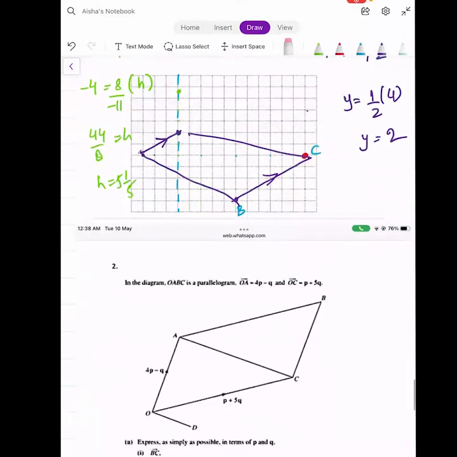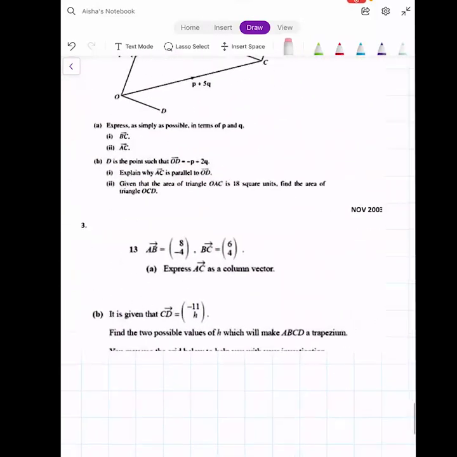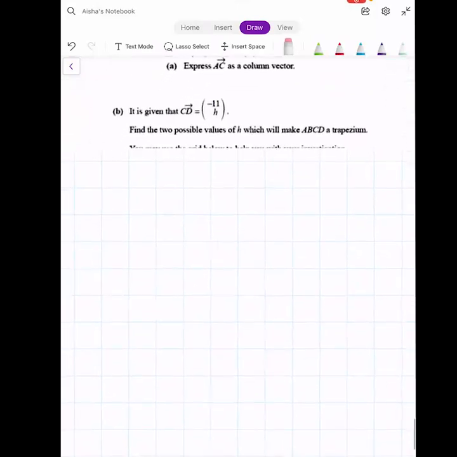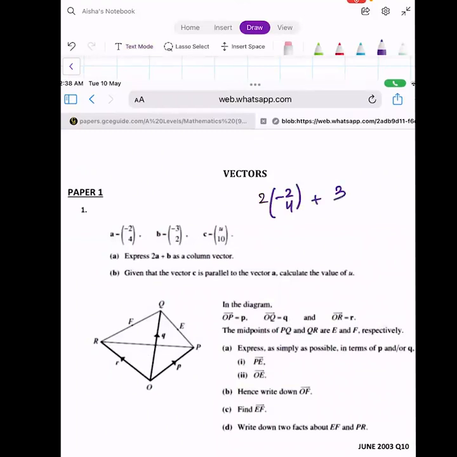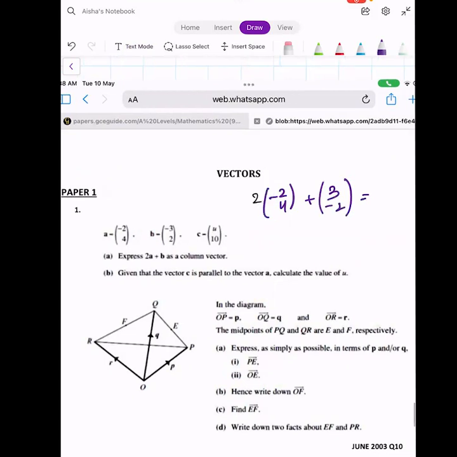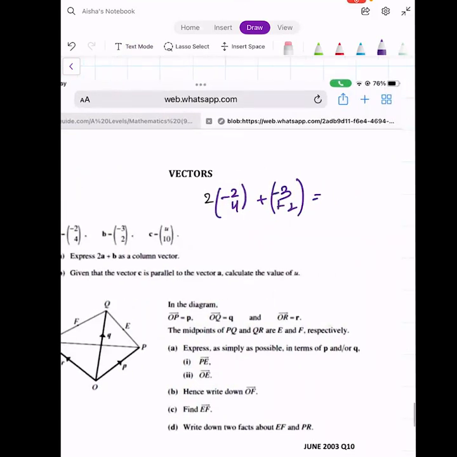All right, let's look at this question. We've pretty much done the same kind of question. No need to do more. Express 2A plus B as a column vector. Minus 4, minus 3, 8 plus 2: minus 7 and 10 gives you 2A plus B as a column vector.